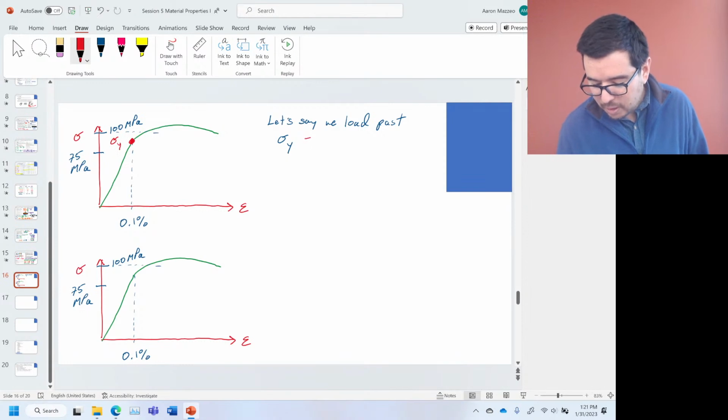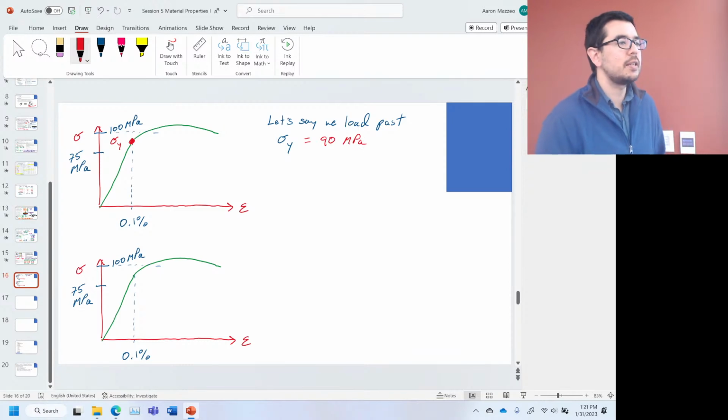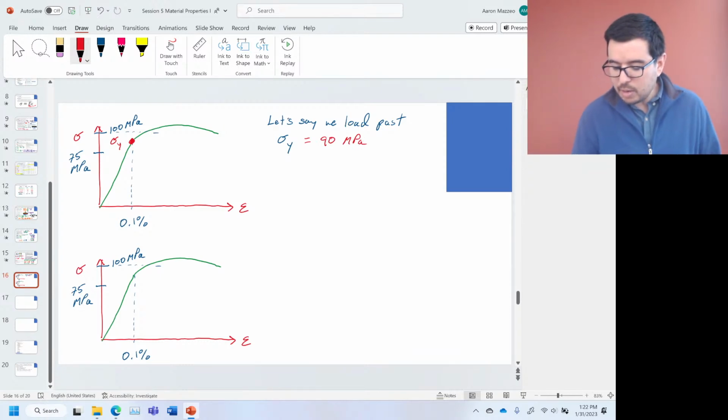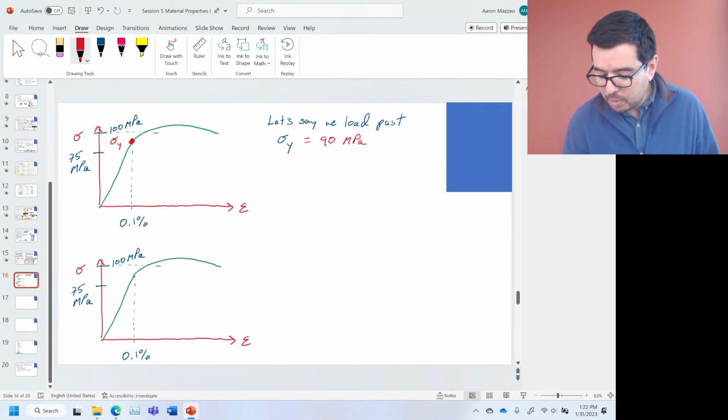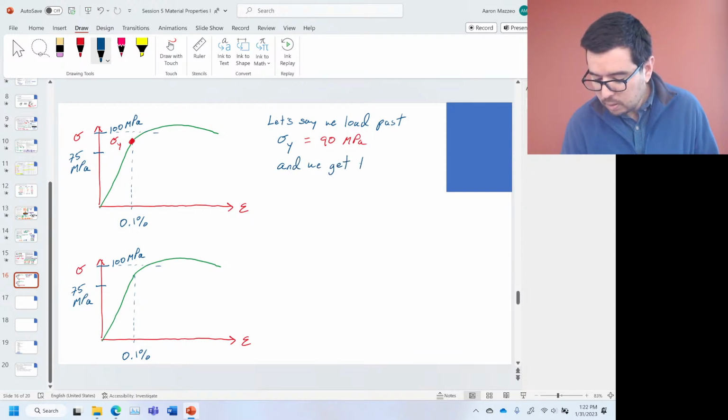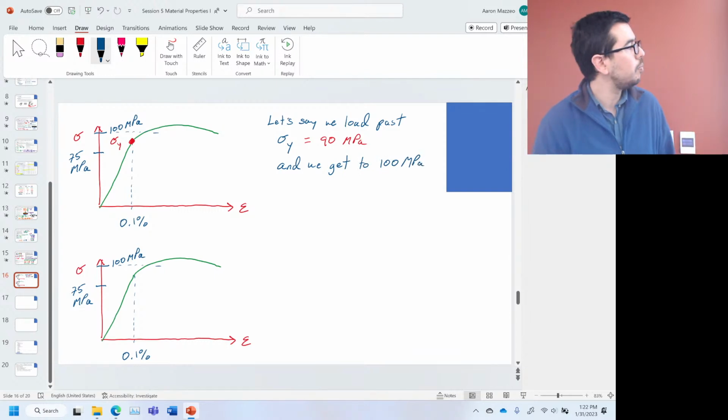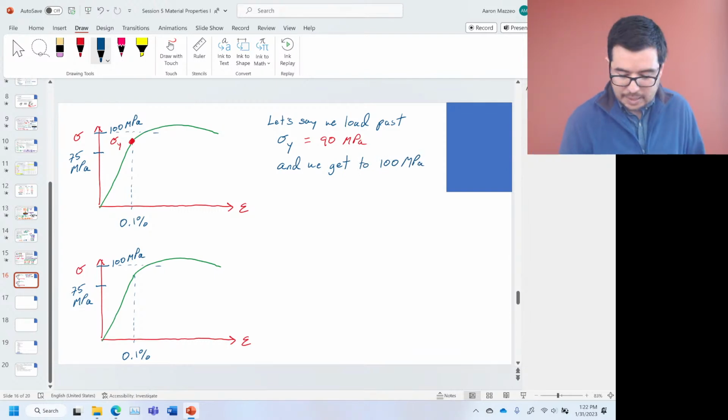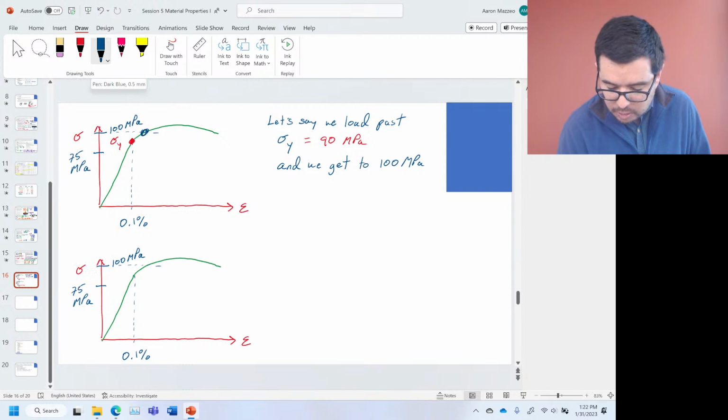Let's say sigma y is equal to 90 megapascals. So we go up, we go up, we go up. Let's say that we actually get all the way to 100 megapascals. So we end up getting all the way up to this point right here.